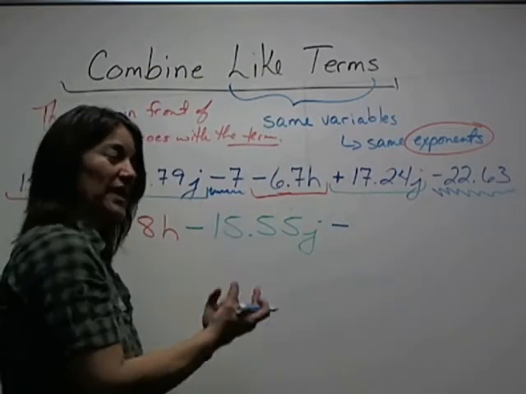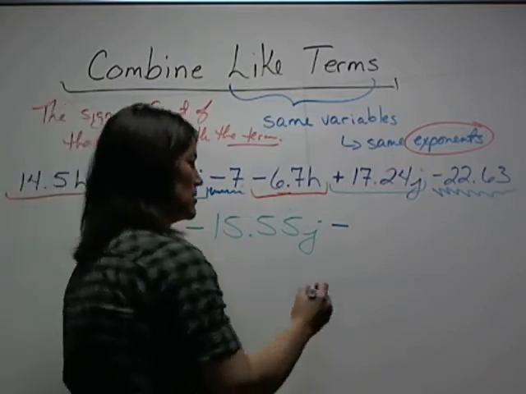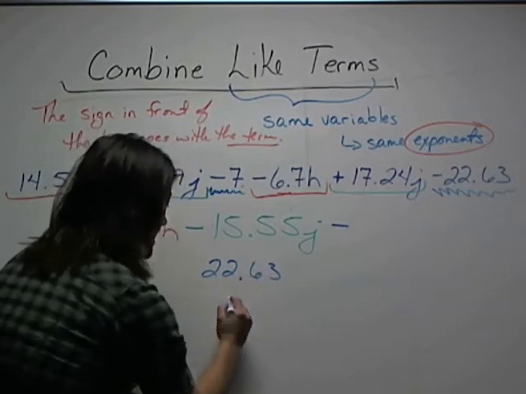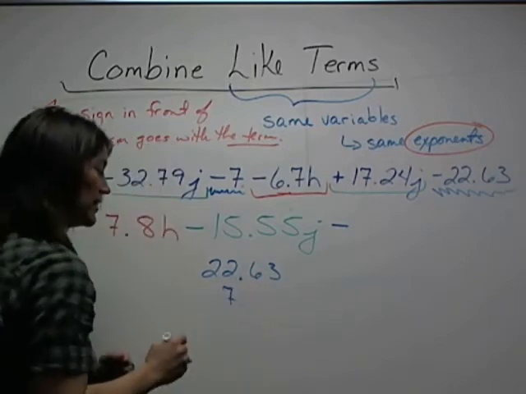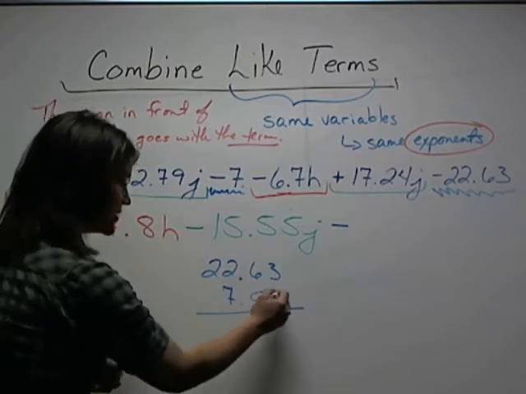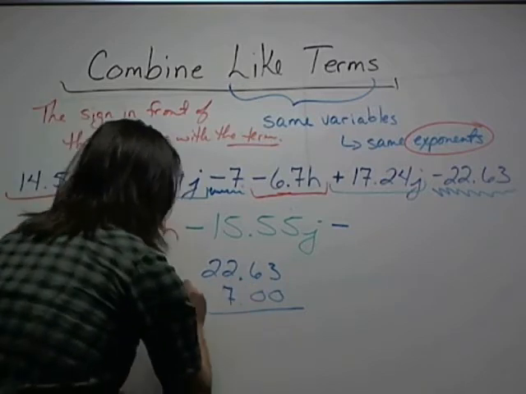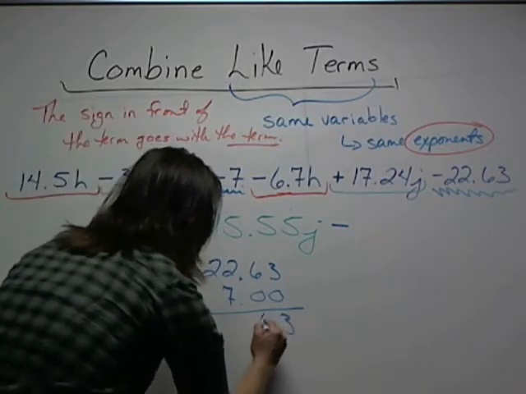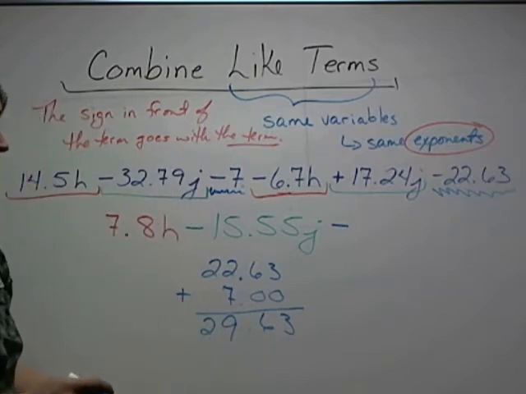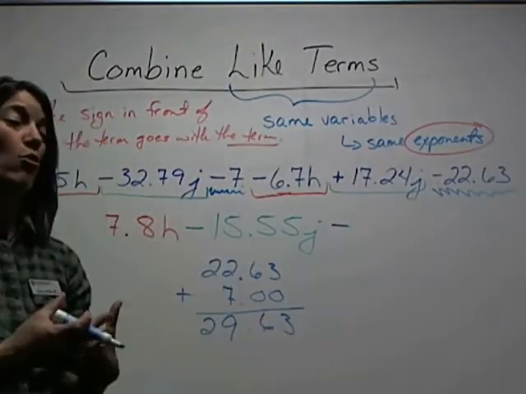That means we have to line up our decimal point. The 7 has a decimal at the end. So I would be taking my 22.63 and adding 7 and lining that 7 up underneath the 2. If you need to fill in zeros to remind yourself that that means the same thing, go for it. And now we are adding these, and we can get our 29.63. Once again, these were both negative, so our answer is more negative.